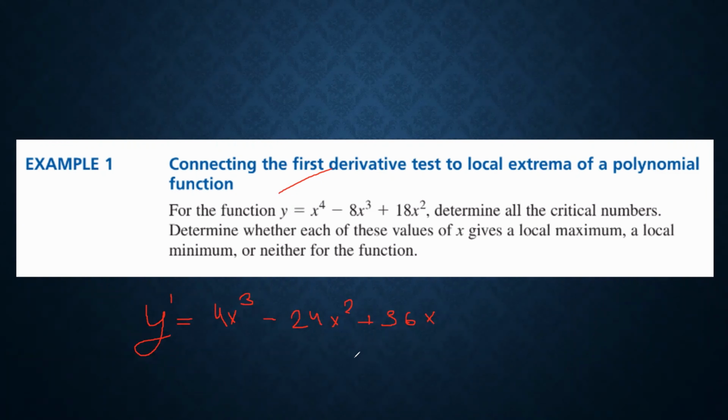To determine which of these values of x yield local maximum or minimum values of the function, we use a table to analyze the behavior of the derivative and the initial function. We started doing this table in the last class. Do you remember? When I showed you, you can list plus and minus, whether a function is positive or negative. Then you can say if it's plus, then it grows. If it's minus, then it decreases, right?